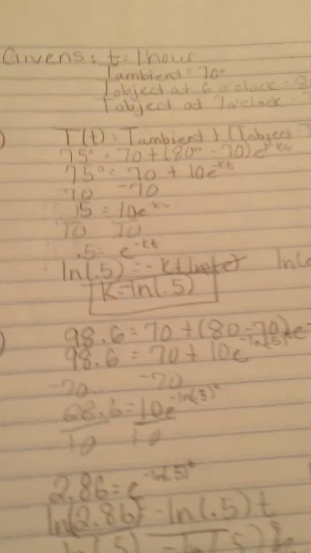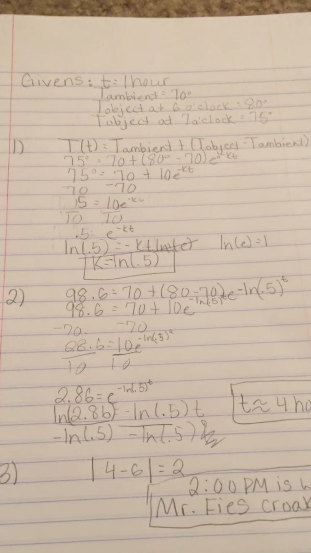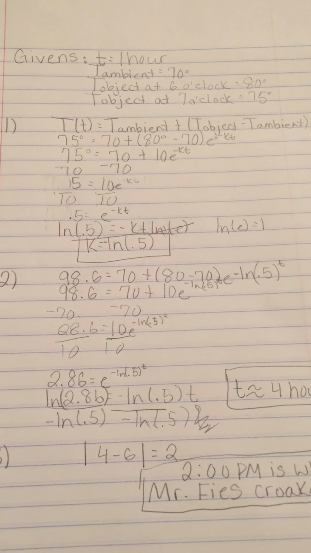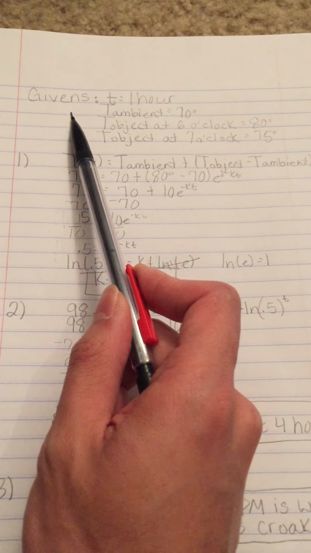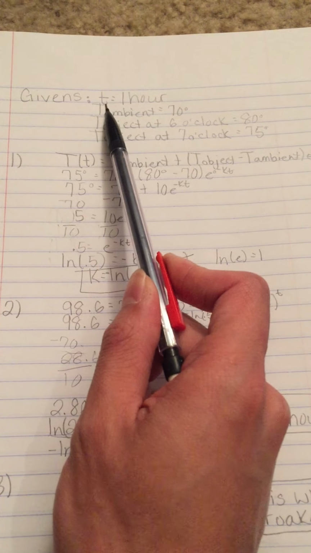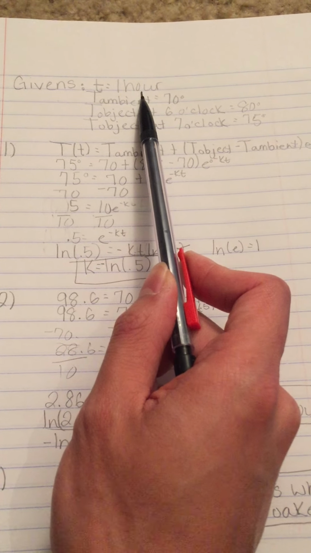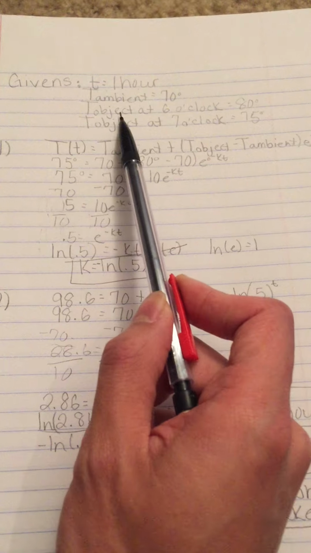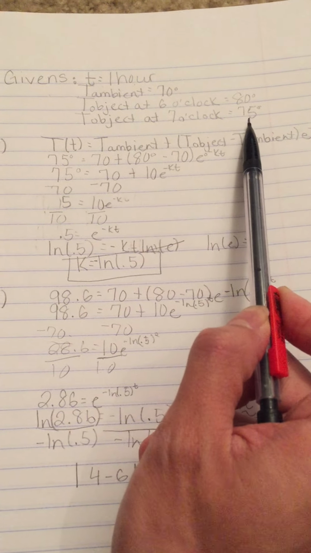So, moving over to our equations here to solve for the first question. The first question asks to determine and discuss the value of k. So we have here givens. We have our little t at 1 hour, which would be from 6 p.m. to 7 p.m., and we have the body at 75 degrees.